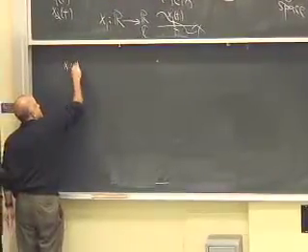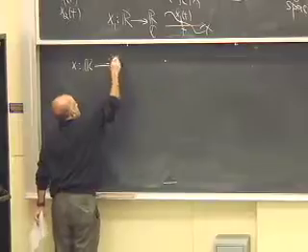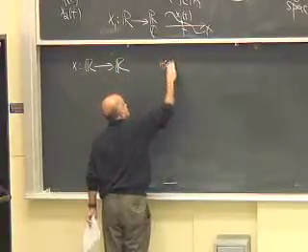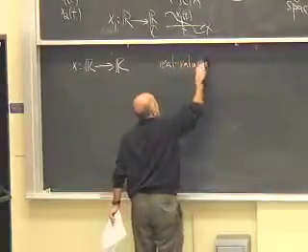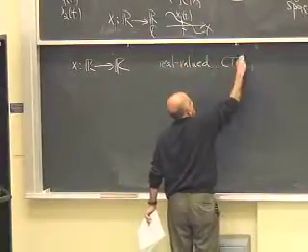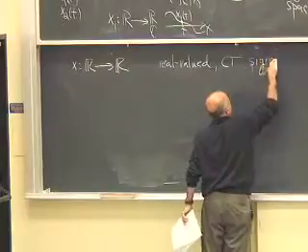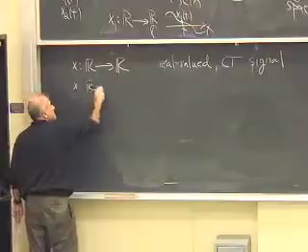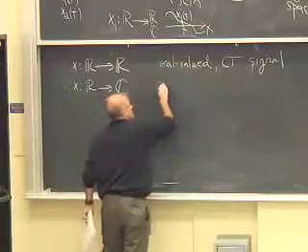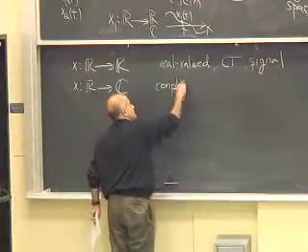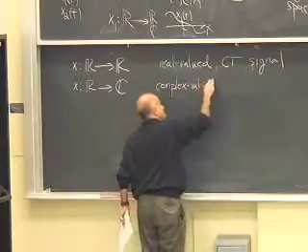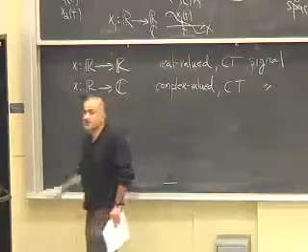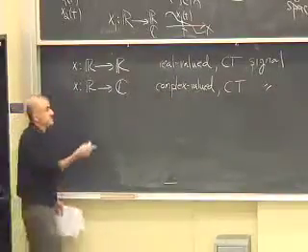So when we say x is from reals to reals, this would be, for example, a real value, continuous time signal. Okay? If I say x is from reals to complex, then it would be a complex value, continuous time signal. Again, it doesn't have to be time. This can be space.